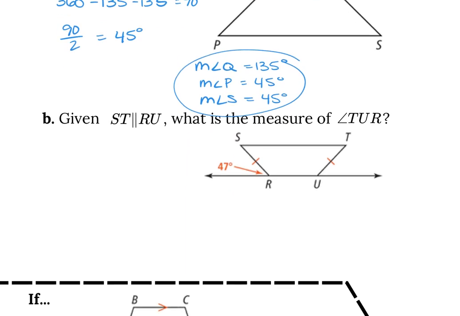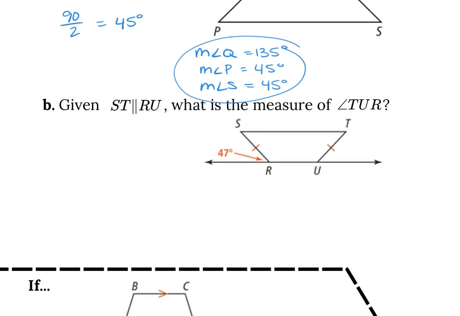All right, V, given that ST is parallel to RU, so this is parallel to this. What is the measure of angle TUR? So I want to find this angle. Okay, I know that that angle would be congruent to this angle.